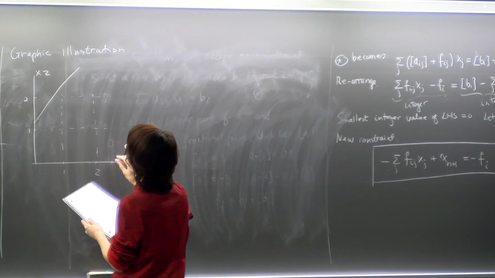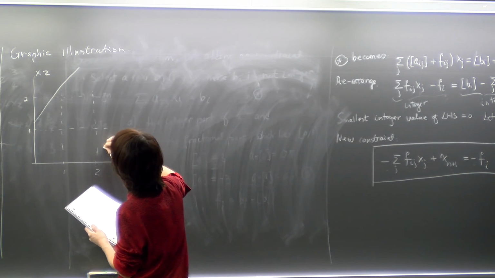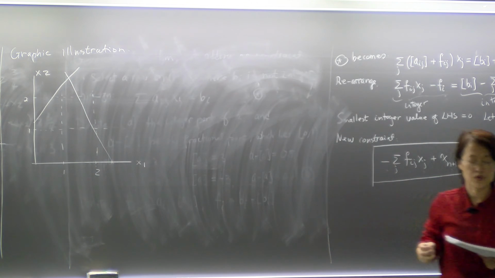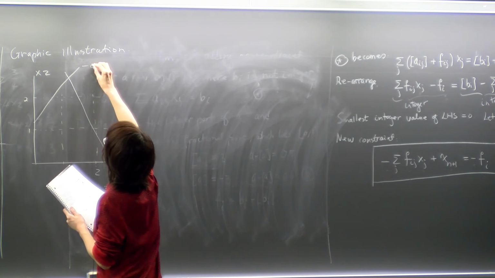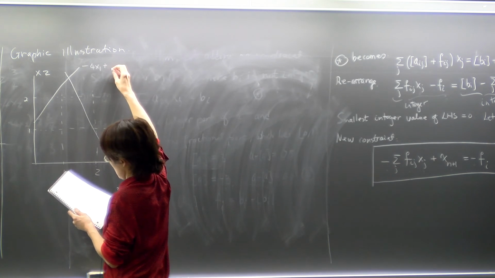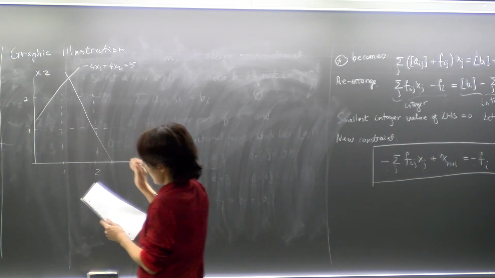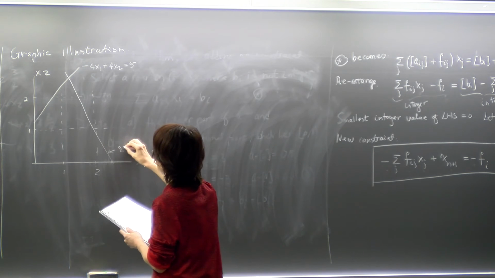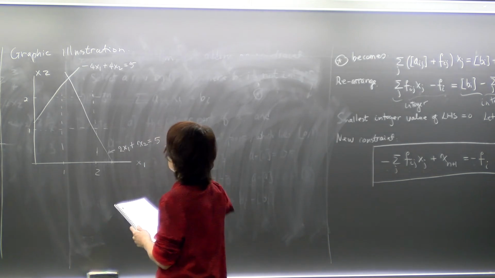And there's another one going up, like this. Okay, pretend they're straight lines. So this one is the one that's -4x1 plus 4x2 equals 5 with slope 1, and this is the other equation, 2x1 plus x2 equals 5.